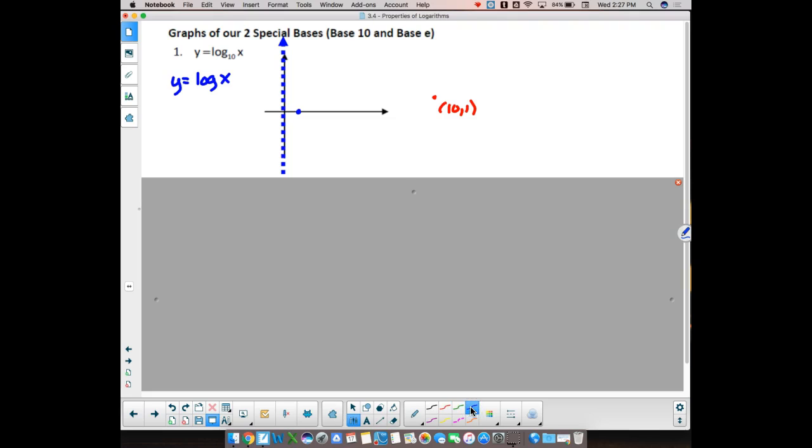So it's going to come up along this vertical asymptote, expand out to 1, 0, and then take a sharp turn to the right. The next nice point that it would go through would be 100, 2. After that, 1,000, 3. Okay?